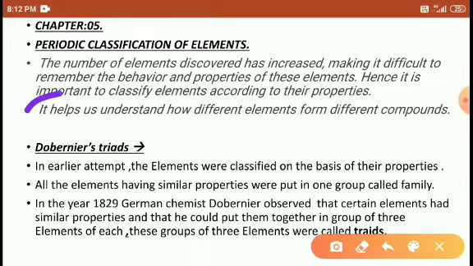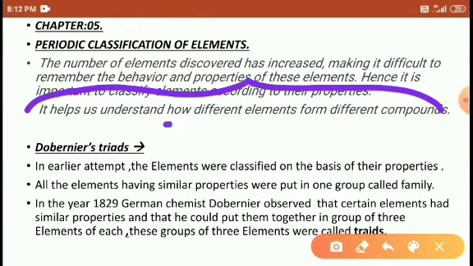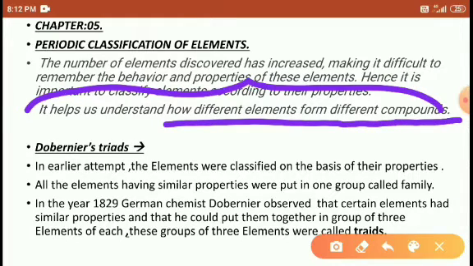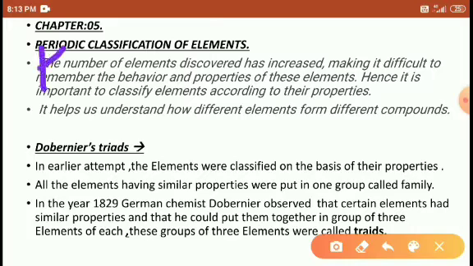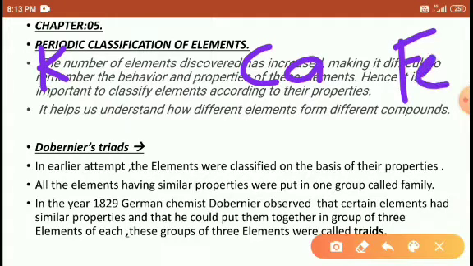It helps us understand how different elements form different compounds. For example, potassium, calcium and iron are all metals. Potassium is a metal, calcium is a metal, iron is a metal, but their properties are different.